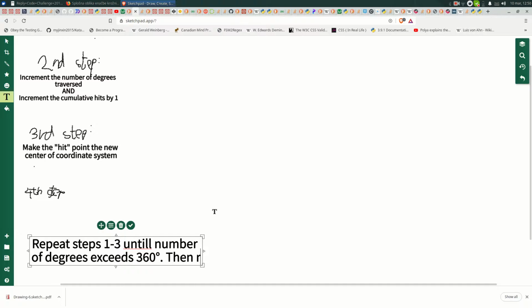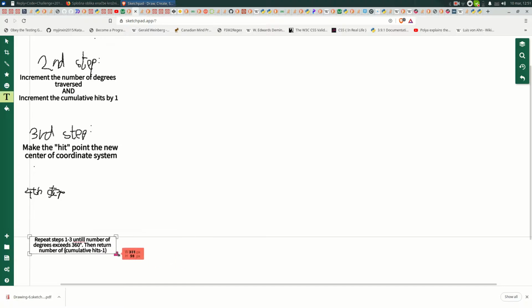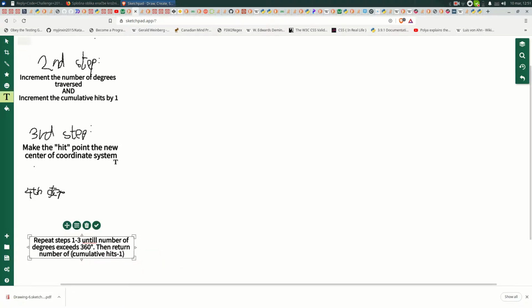Then return the number of cumulative hits, but you actually need to decrease it by 1, I think. Now that I'm thinking in advance, I think you first have to decrease it by 1. We shall get to that later, but that's the basic logic of what I am trying to achieve right now.